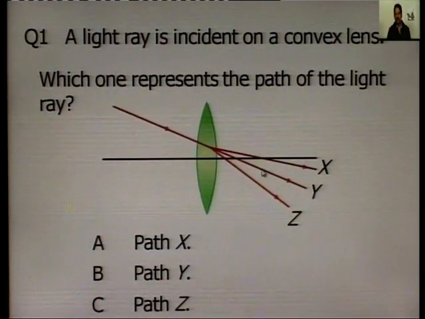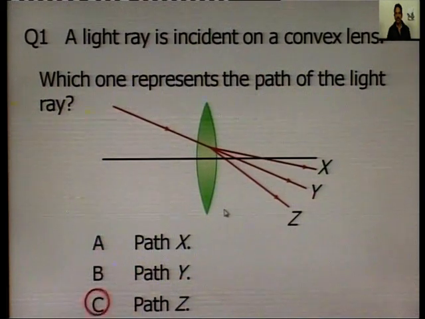This one moves undeflected, and ray Z is bent towards the principal axis. And from the previous discussion, you can conclude that the path Z is the actual path which will be followed by this ray of light incident on the convex lens, as it will be bent towards the principal axis by the lens.